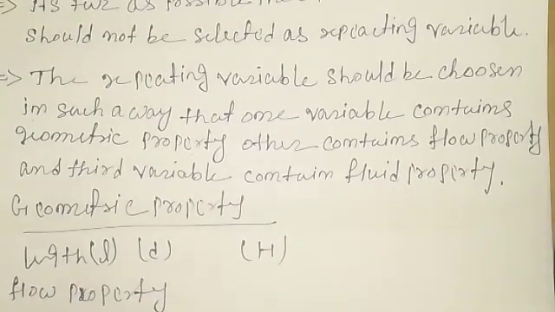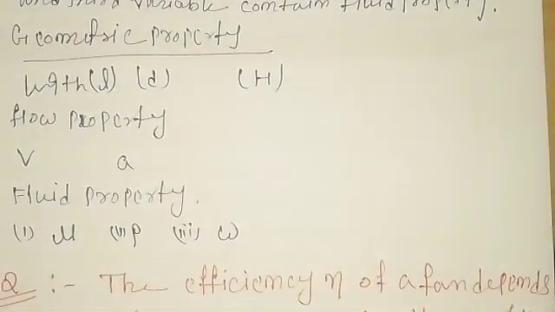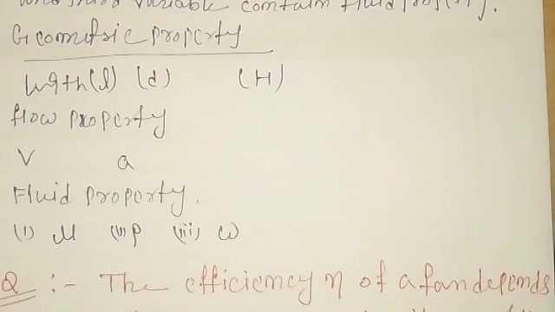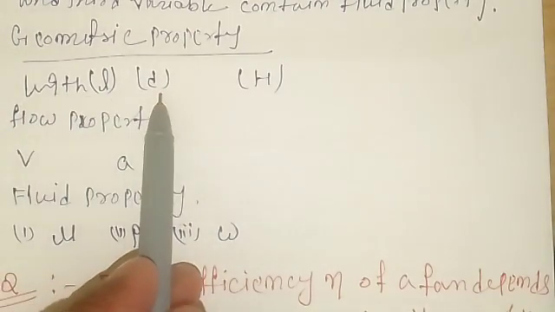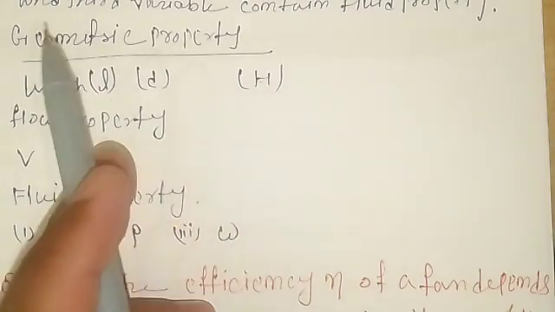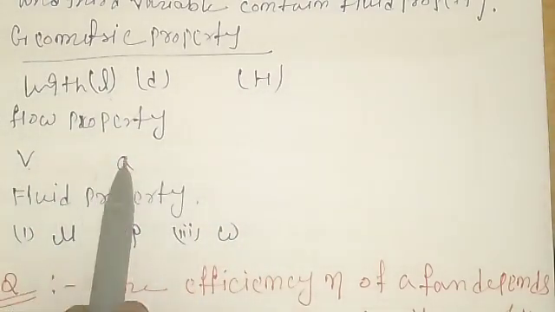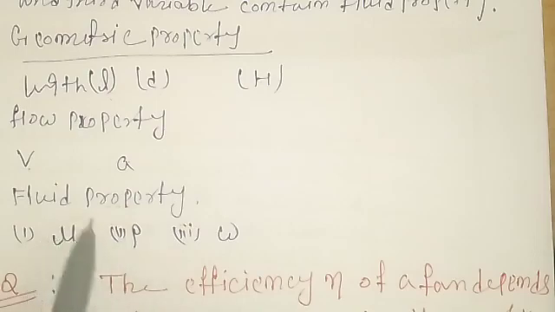And the third variable contains fluid properties like density, viscosity, vorticity, dynamic and kinematic viscosity, all those things. So geometric properties means length L, diameter D, height H. Flow properties means velocity and acceleration. Fluid properties means viscosity, density and vorticity, right?